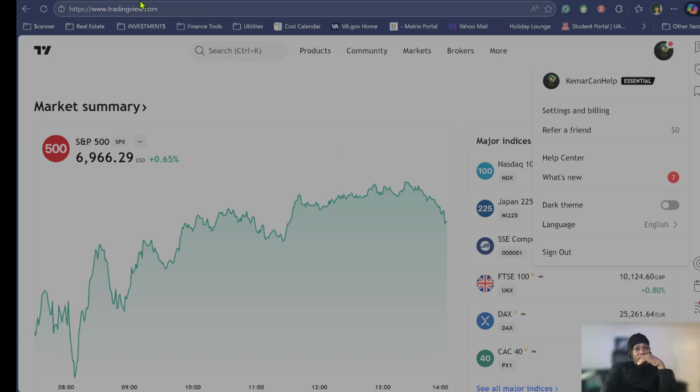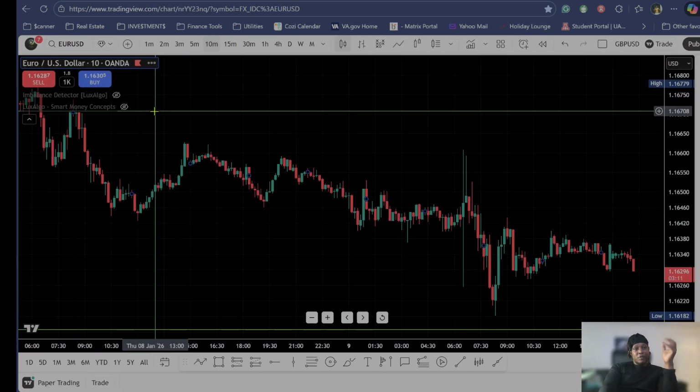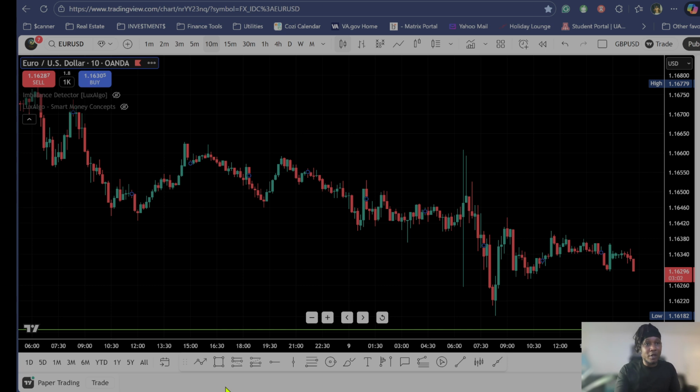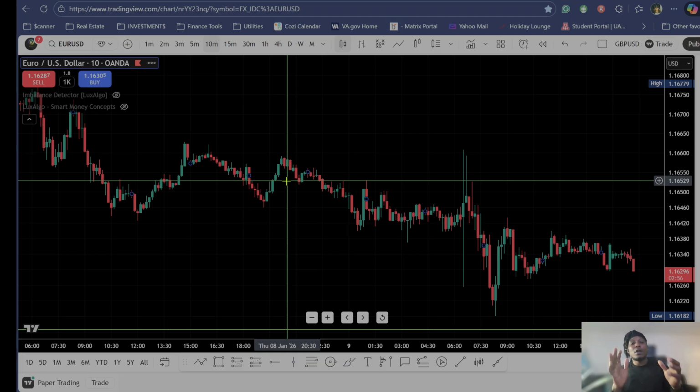Once you create an account, you could go down to this thing at the bottom. I'm trying to kind of fast forward. Once you create an account on TradingView, now you want to figure out, okay, what's next?